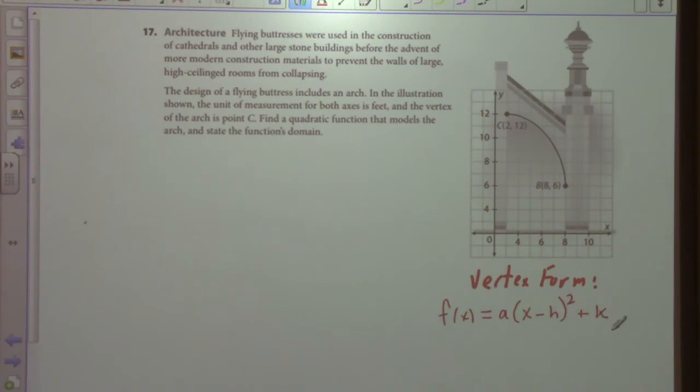You remember writing down something like that before? Okay, Victoria remembers. And what happens in this format here, the vertex is the coordinate pair of the number h comma k.